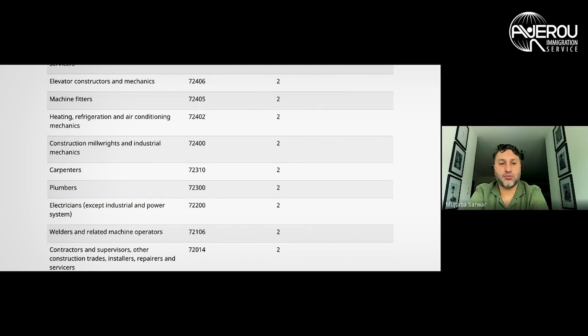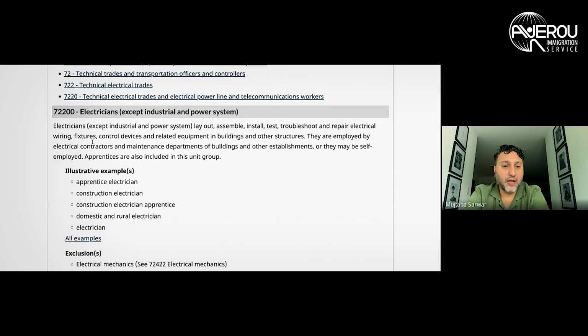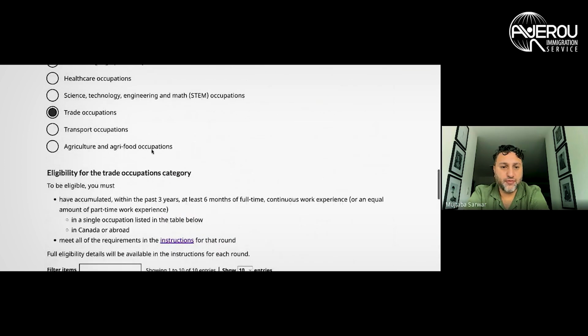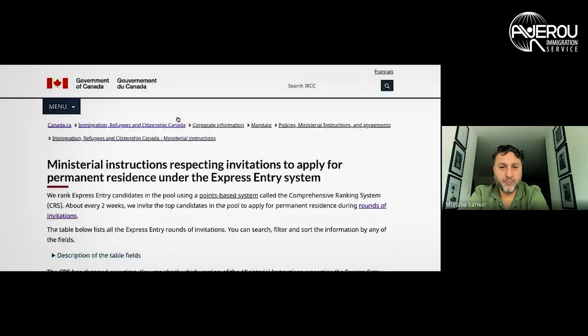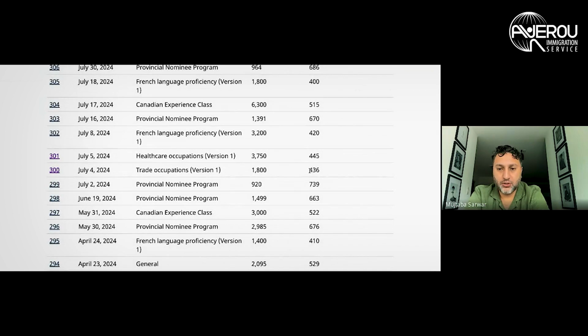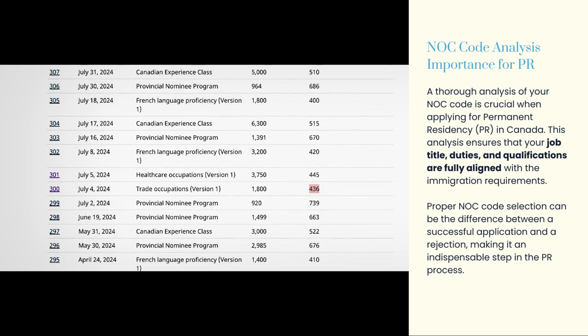Let's go to electrician NOC code. Because if they were part of the electrician NOC code, they would be part of the trade occupation category. And being part of the trade occupation category, Ala, that means they have to score a 436 to receive an invitation to apply.